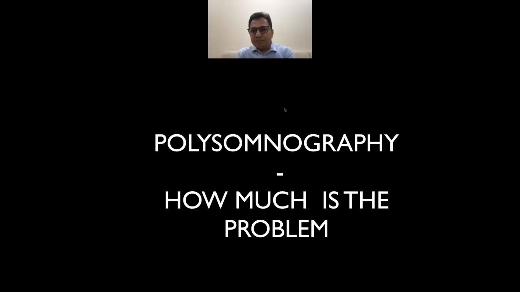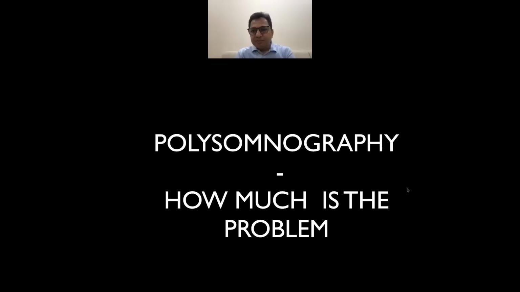So suppose if the problem is mild, moderate, severe, it only tells you this much is the problem. Tells you the quantity of the problem. It doesn't tell you the quality of the problem. Where is the problem? So polysomnography is like audiogram. It tells you how much is the hearing loss, but it doesn't tell you whether the hearing loss is sensory neural or conductive, whether the conductive hearing loss is because of ossicle fixation or because of fluid in the ear.